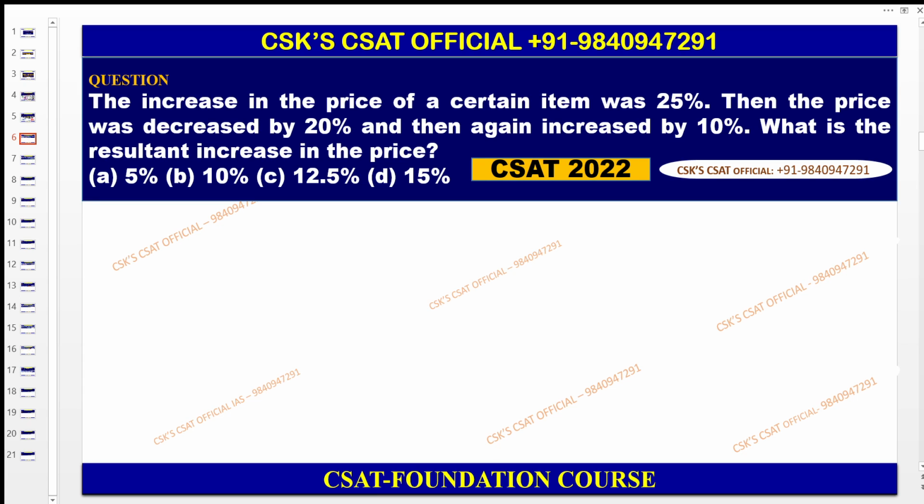Now this question, during the class I have mentioned some methods, shortcut method also. Now listen, the price of a certain item increases by 25%, then decreases by 20% and again increases by 10%. What is the resultant increase in the price?